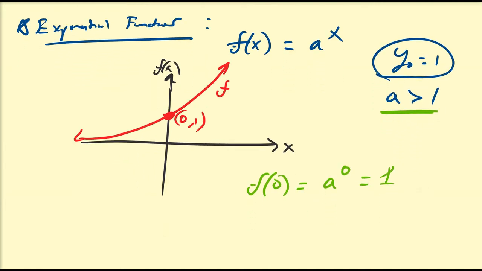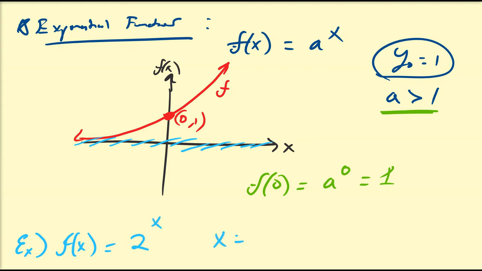Now there is one special part of this graph that is a little bit different than the others, and that is that exponentials have a horizontal asymptote. Now why is that so? We can consider an example, say f of x is equal to 2 to the power of x.